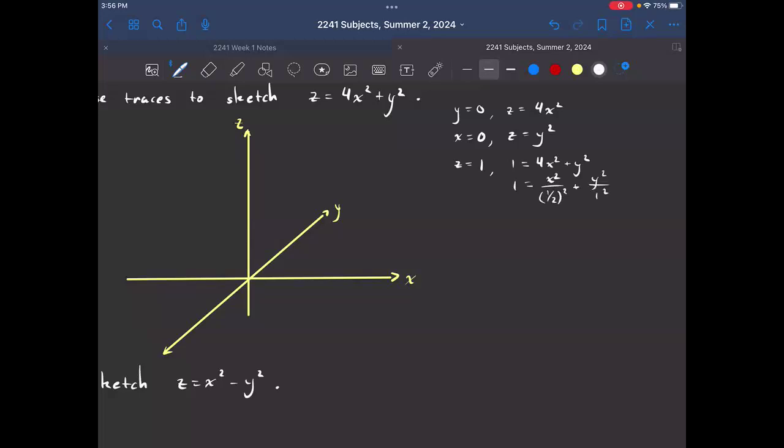And now I can see my radii in the xy directions. So my radius in the x direction is a little bit smaller than the radius in the y direction.